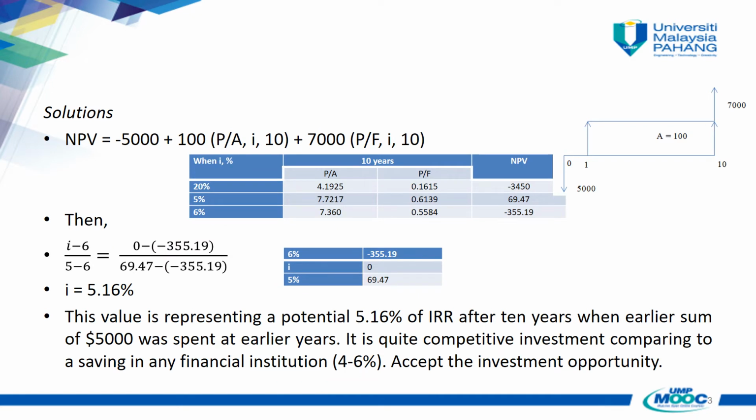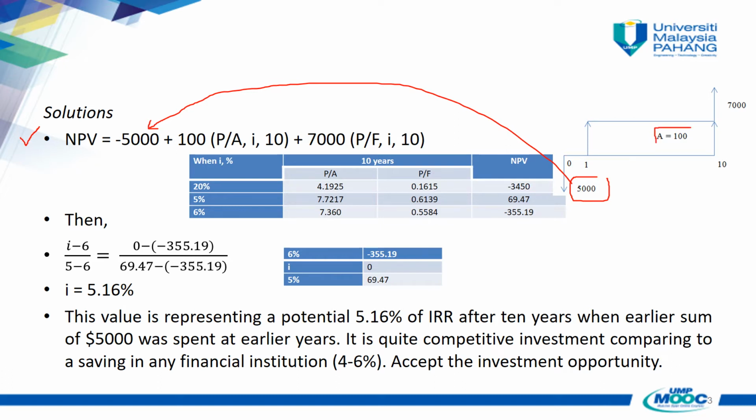Let's see the solution for this example. What we need to do here is construct our equation for the NPV. In our case, our NPV is equivalent to negative 5,000, because we use the money, plus 100.